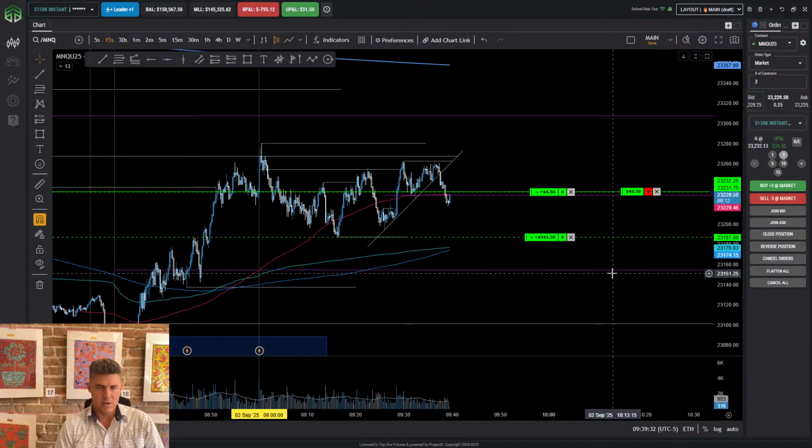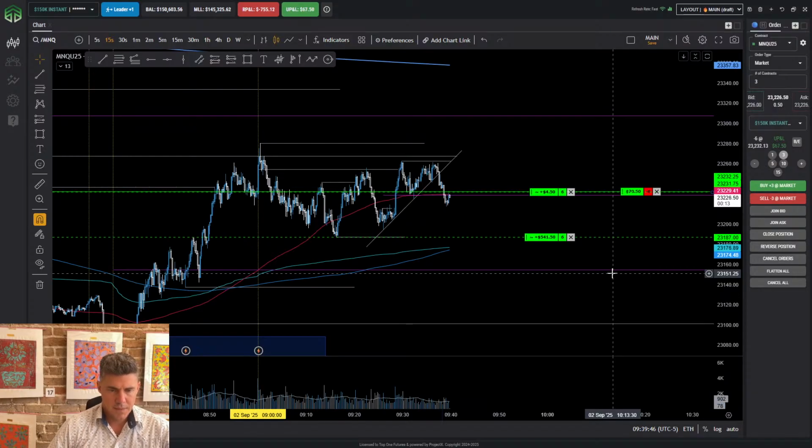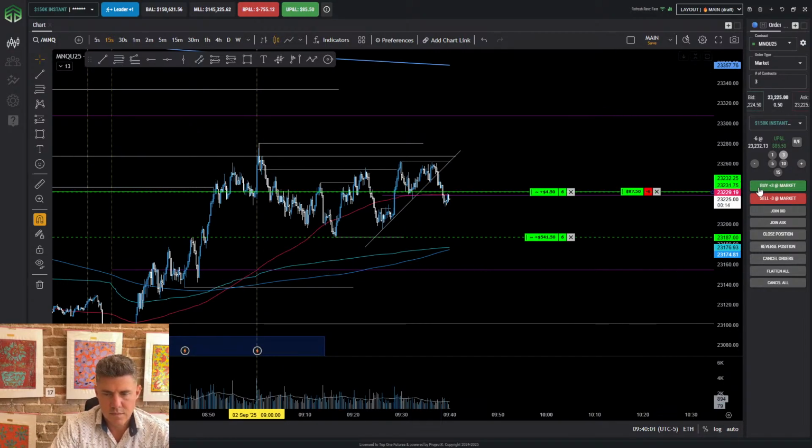Not that easy to hit full target and win. Close. It's close there. Close there. I'm just going to aggressively trail this.